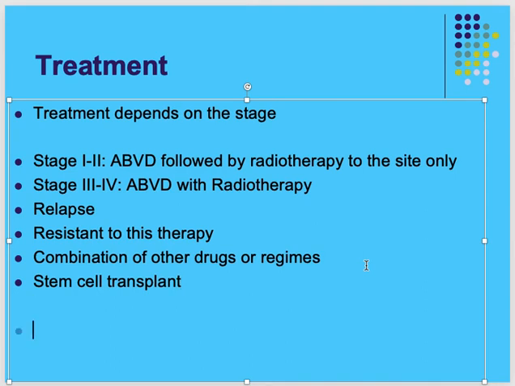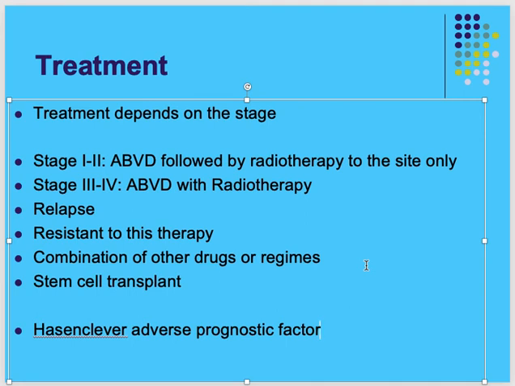How we check the prognosis of this condition is that there is a prognostic scoring system which is used. There is something called the Hasenclever adverse prognostic factor, which is also available for the patients.